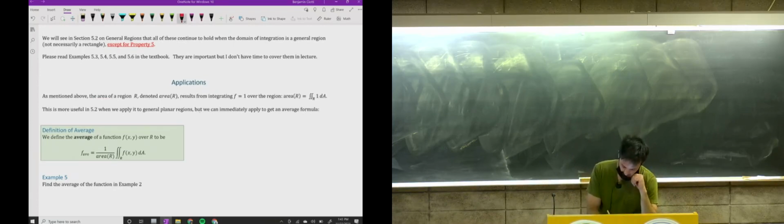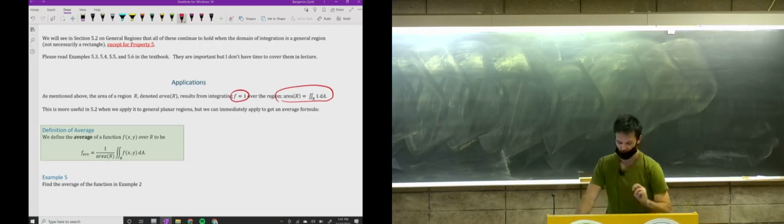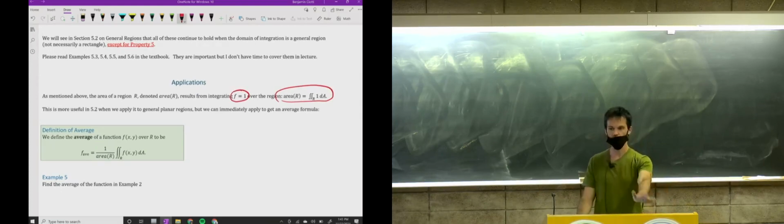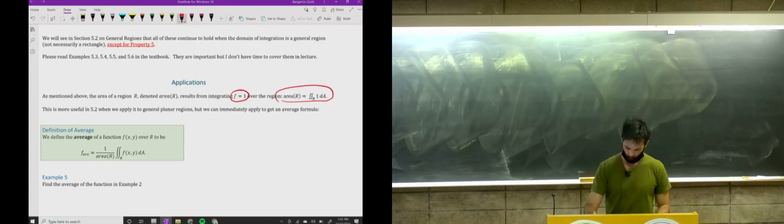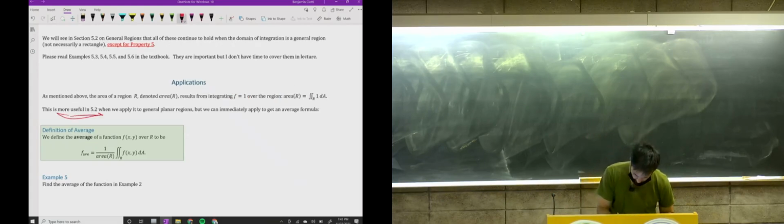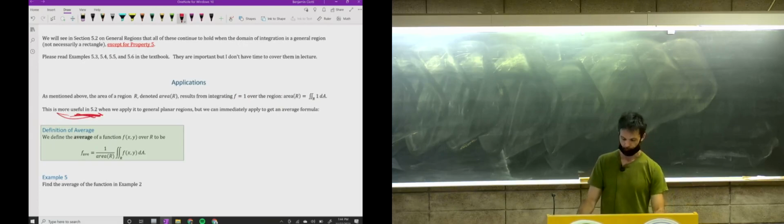I said that if you integrate the function 1 over a region, you just get the area of the region. For now, this holds true for rectangles, but next section we're going to show it actually holds true for any region. That's what I was saying right here. So this will be really important in 5.2. But at least right now, we have another use for this formula.